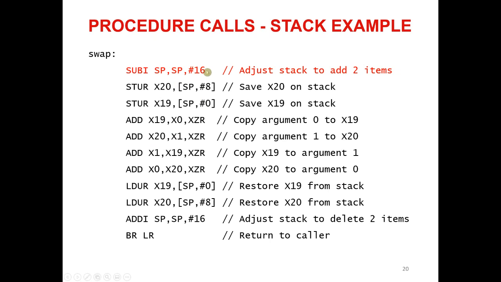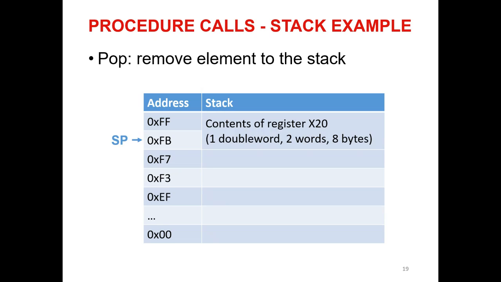So if we want to modify the stack pointer for storing 2 elements, I need to increment it by 16. Initially our pointer was here, so I increment 2 positions for one element and another 2 positions for another element. So in total it will be 4 positions in the address.